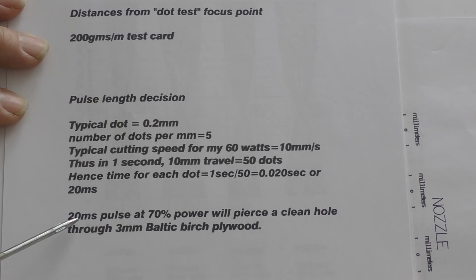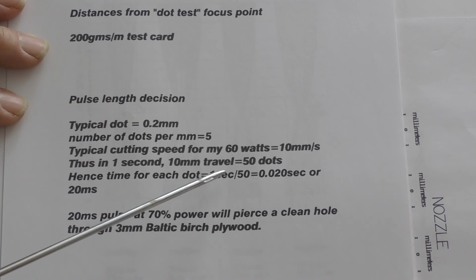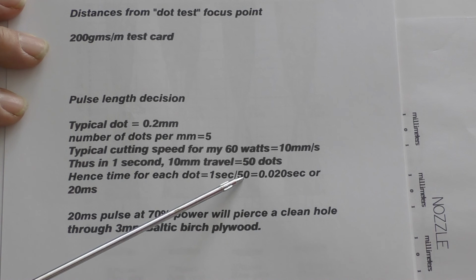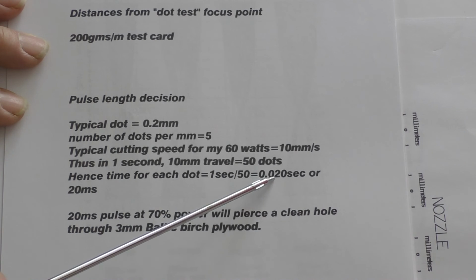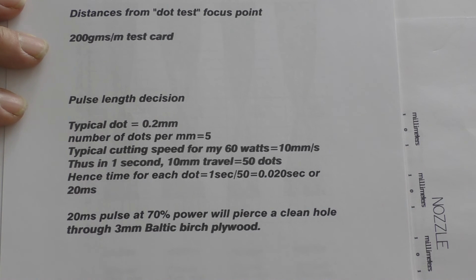And if I can punch a hole through birch plywood cleanly, then let's assume that I'm going to use my 70%, and in 1 second, if I divide that by 50, it's going to take 0.020 seconds for a dot, or 20 milliseconds.